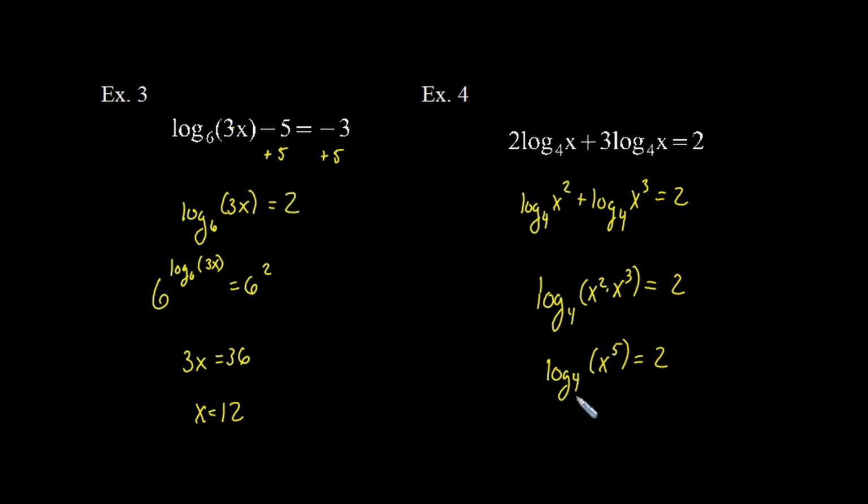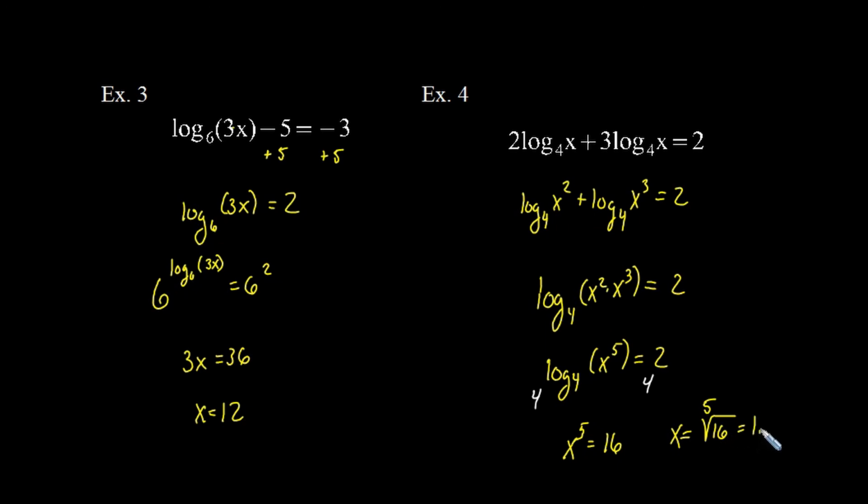So when we exponentiate both sides, making both sides base 4, like this, we'll end up with x to the 5th power is equal to 16. And then we'll just take the 5th root of both sides. So when we do that, we'll end up with x is equal to the 5th root of 16.